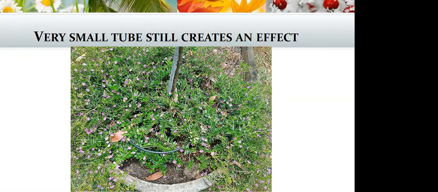And funnily enough, this ground cover type of plants around the base, where that little ring is, which has a minimal amount of liquid plasma in it, those leaves are definitely bigger than the ones around the rest of the plant. So it's having a direct result. The fields are having a direct result right there next to the ring. So yes, I think bigger rings are needed. These are a little bit too small, but I tried it anyway.